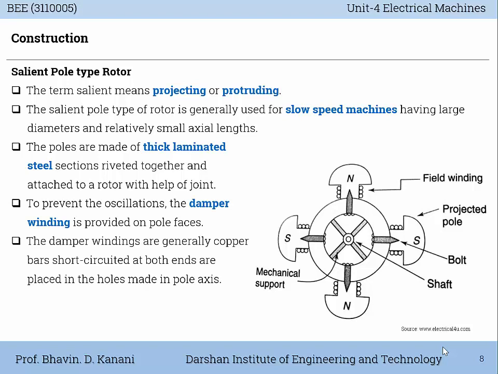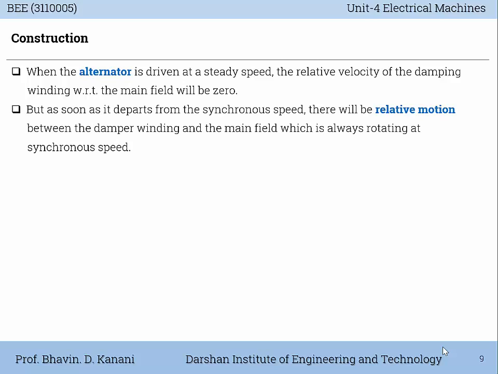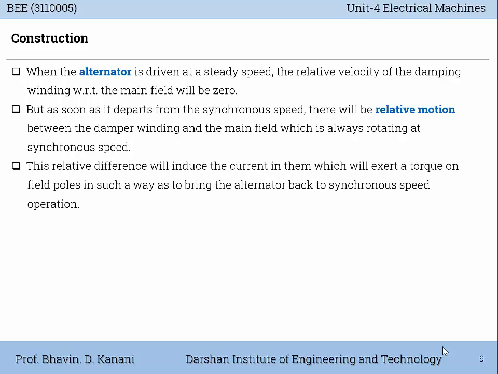The damper windings are generally copper bars short-circuited at both ends, placed in holes made in pole axis. When the alternator is driven at a steady speed, the relative velocity of the damping winding with respect to the main field will be zero. But as soon as it departs from the synchronous speed, there will be relative motion between the damper winding and the main field, which is always rotating at synchronous speed.